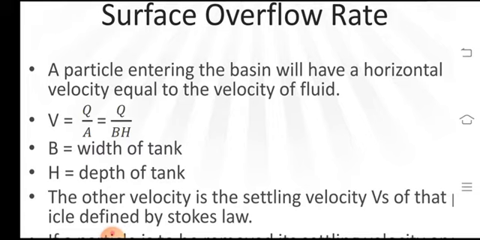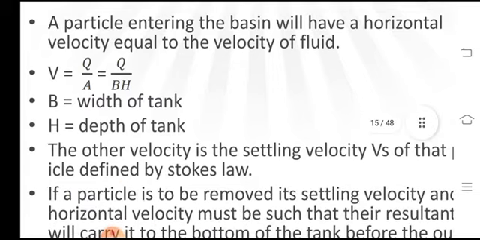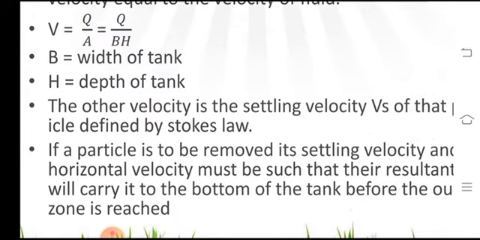So what kind of area will we be including in this section? It will be the width of the tank and depth of the tank. So this width and depth will give us the whole area along which the flow of water is taking place.